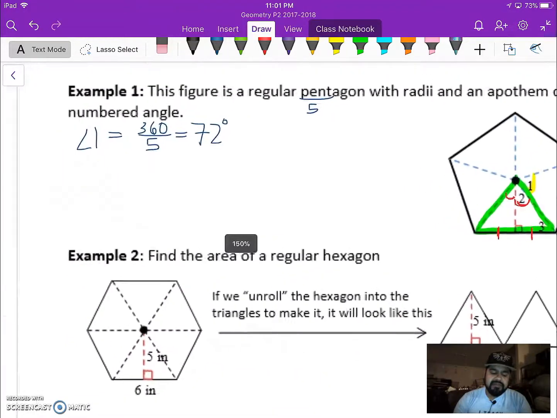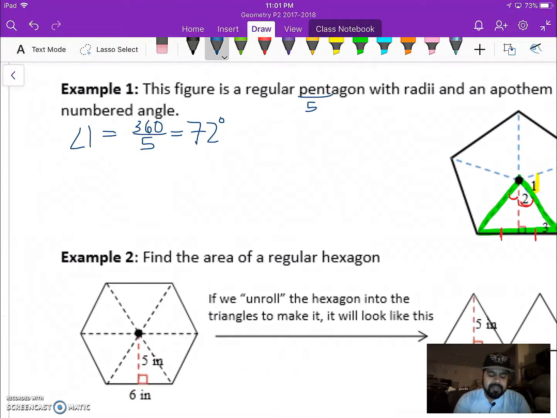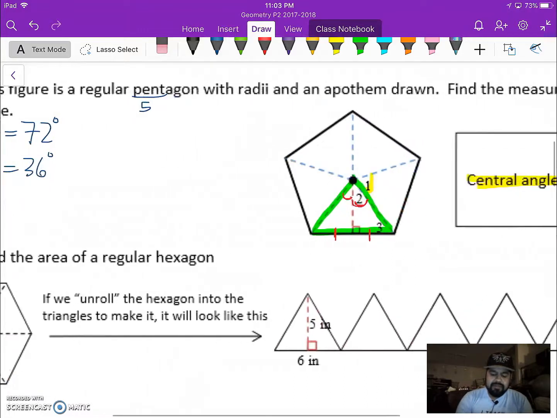So angle 2 is simply going to be the measure of angle 1 split in half, which gets us 36 degrees.